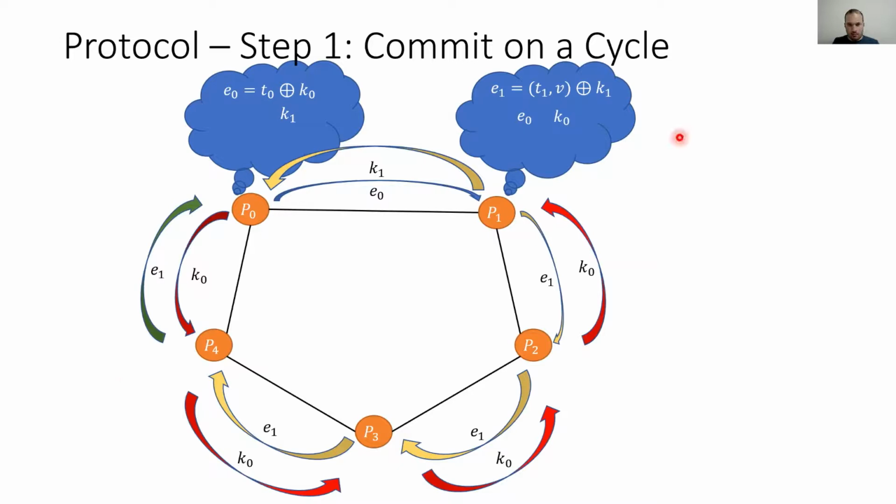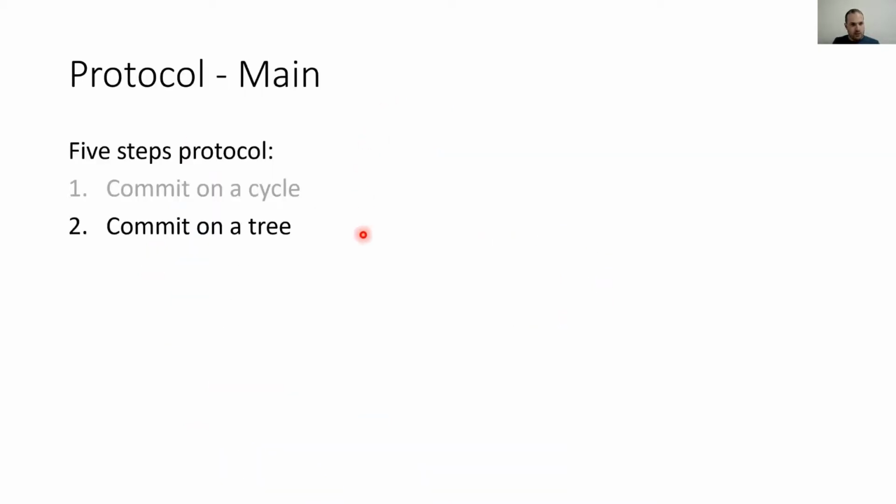So here, player 1 receives the key, and now player 1 can compute the type of player 0. Player 0 receives the encrypted data and can compute the type of player 1 and the bit string. Now, the second step. The second step is going to be a commitment on a tree.